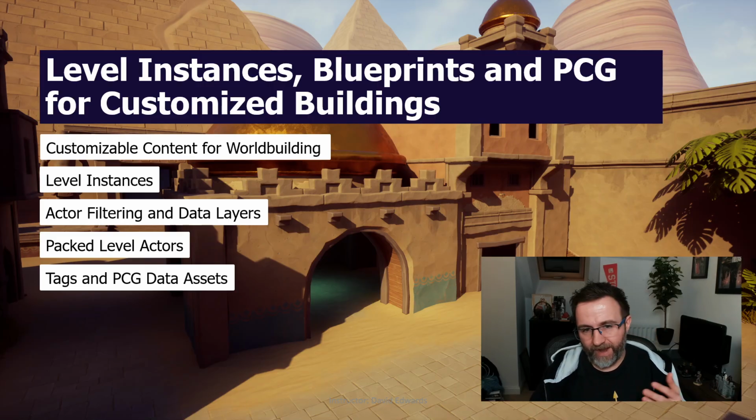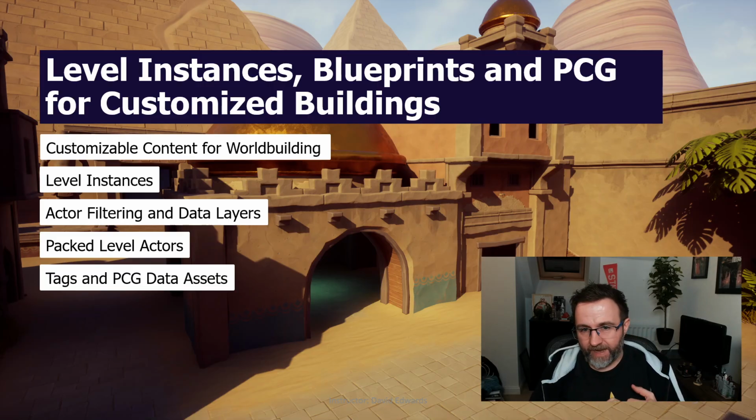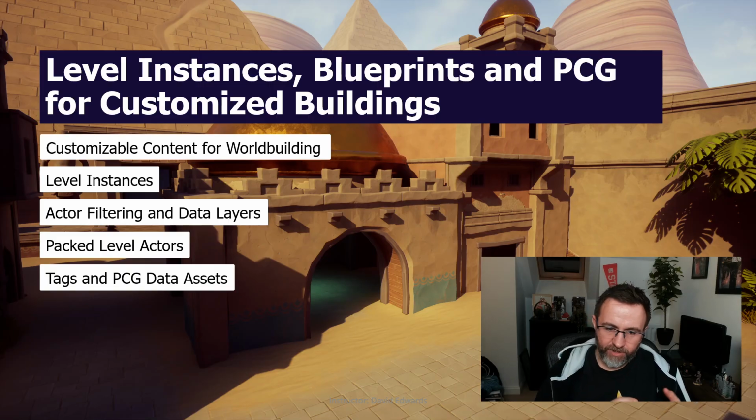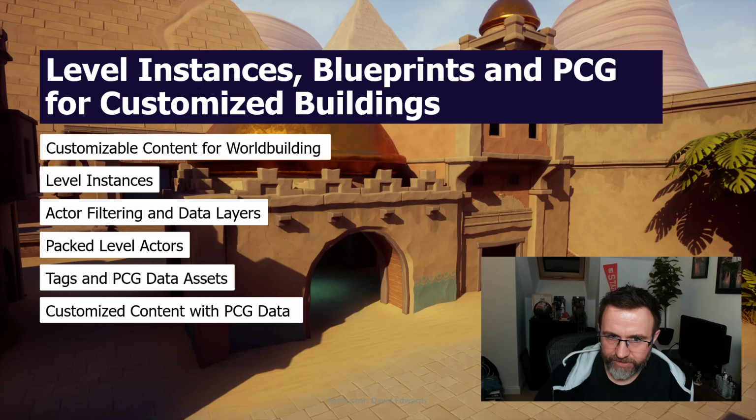And then talking about how we can customize content within PCG data and within those assets. So thinking a little bit about how we can tie in blueprint variables within our PCG data and maybe making more use of drop-down menus and booleans that drive what happens in our PCG, as well as perhaps things like per instance actor data. And so we'll be customizing that an awful lot as well.